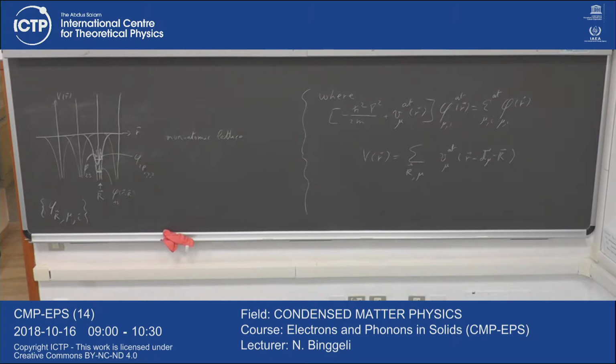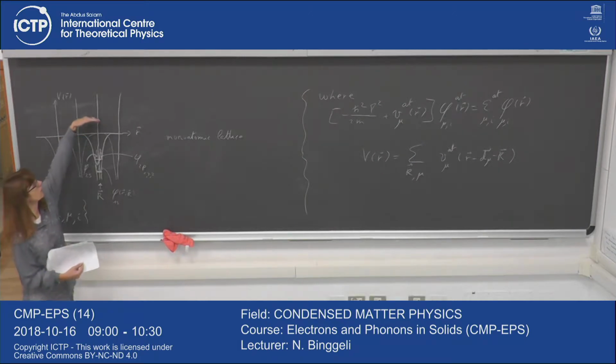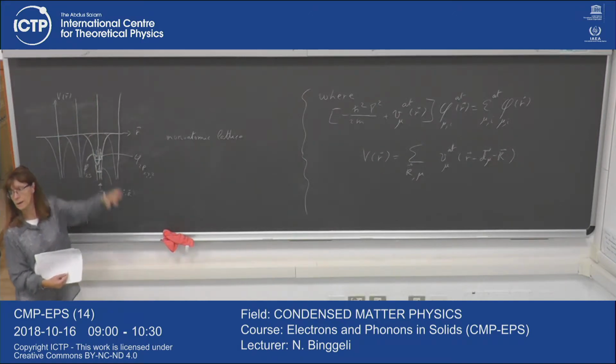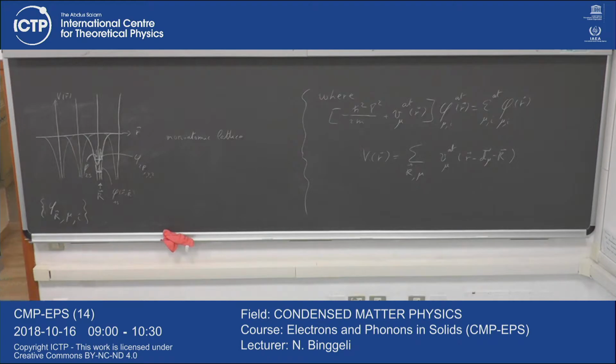But this is an overcomplete basis, because in principle, if I take just one of the atoms, all the orbitals with energy going to infinity, so including also the unbound states, I have a complete basis. So here I have an overcomplete basis, which is okay in the sense it doesn't hurt, but it's too much. We don't need all these states.